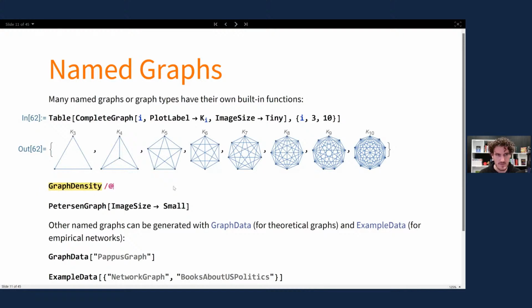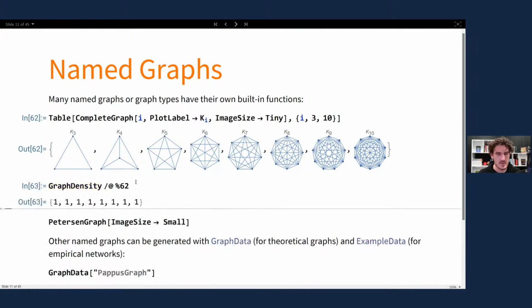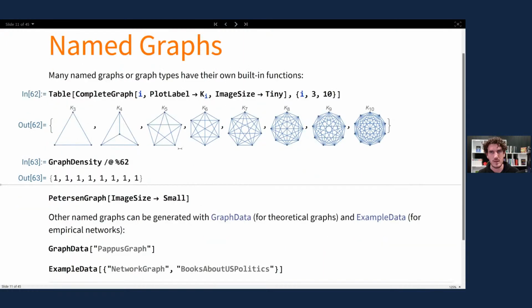If I were to map it over this list, because of the labels here, let's see if it works. Yes, it does. So the graph density of all of these complete graphs is 1 because every node is connected to every other node. You can see how that's a measure of density.